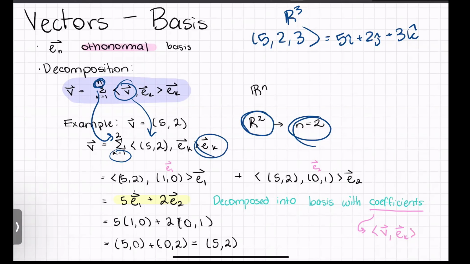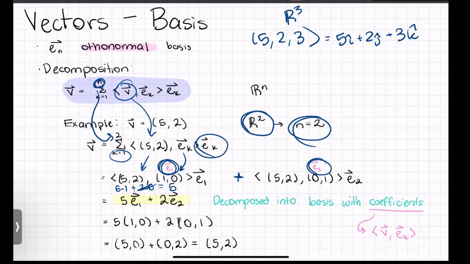So again, right here, we start filling things in. 5, 2, our kth basis here is going to be 1, 0, because this is our first one, plus our second basis, which is 0, 1. And if we take the dot product right here, we get 5 times 1 plus 2 times 0, this cancels out, to 5.